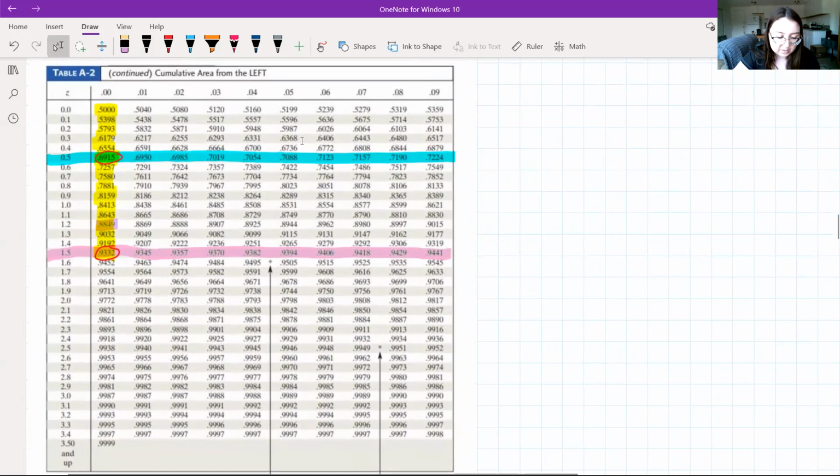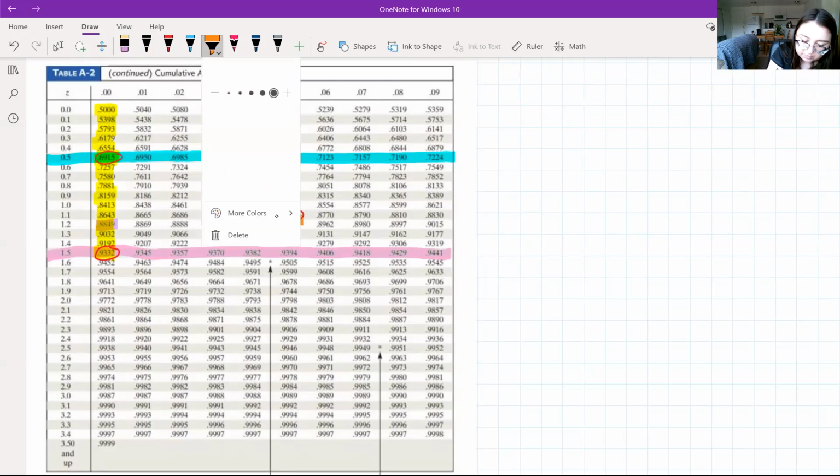So you can scan values here. We see this is 0.5, 0.6, 0.7, and we're trying to get around to our 0.8s. And we get some 0.87s, and right about here, we have 0.8749. So we have 0.8749. This is in the column of 0.05.